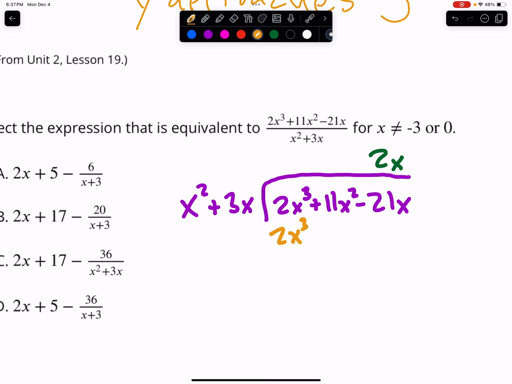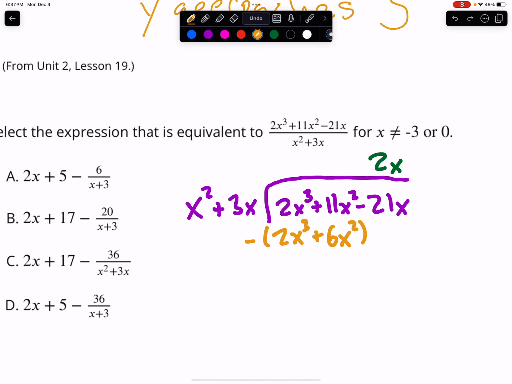All right, what are we doing now? We got to multiply the 2x times the 3x. So 2 times 3 is 6. X times x is x squared. What I've got here is plus 6x squared. And now, what do we always do in long division? Whether it's polynomials or just regular good old-fashioned numbers, we subtract all this junk, all right? 2x cubed minus 2x cubed is 0.